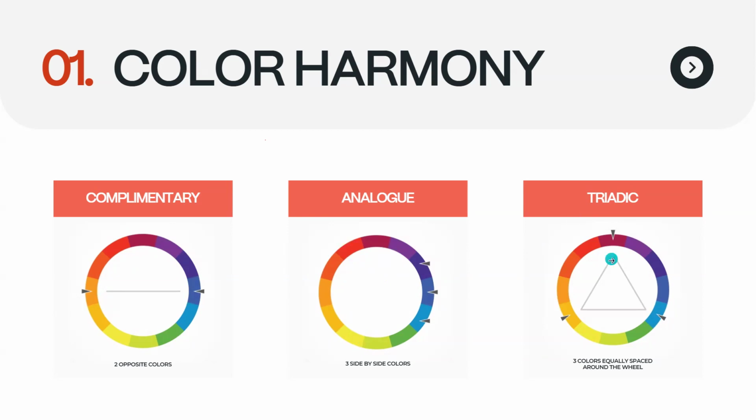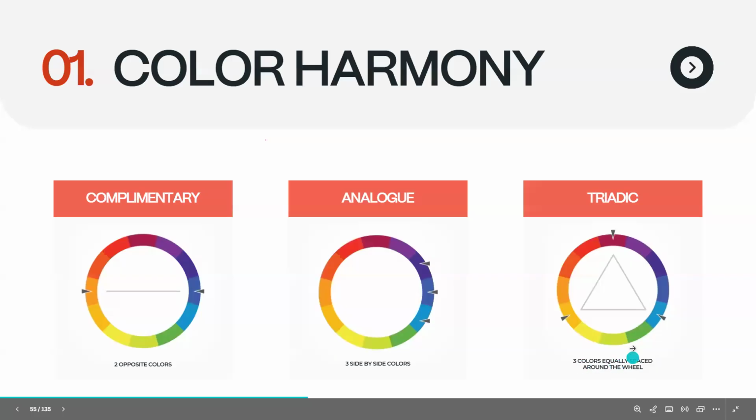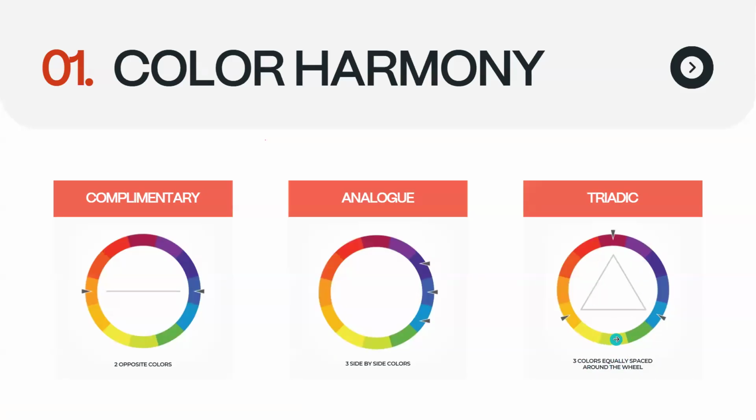And triadic means that on the color wheel, three colors are equally spaced around the wheel. Let's suppose we take this light color, then this color and this color, placing a triangle here. If you use this triangular color scheme, it will create color harmony.